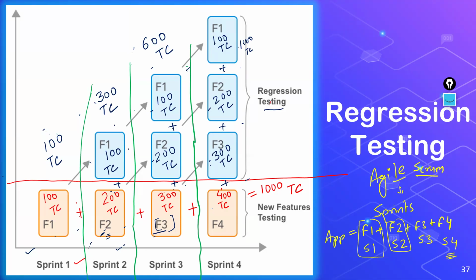Now, when we count the total effort with all these 4 modules in regression testing, it will come around 100 plus 300 plus 600 plus 1,000. That is 2,000 test cases, which is actually doubling the efforts that you are putting in the testing approach without regression.